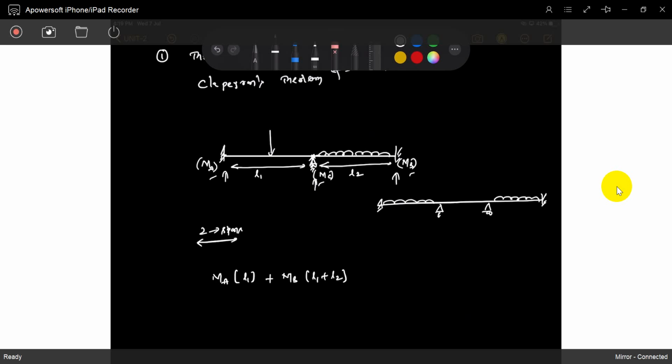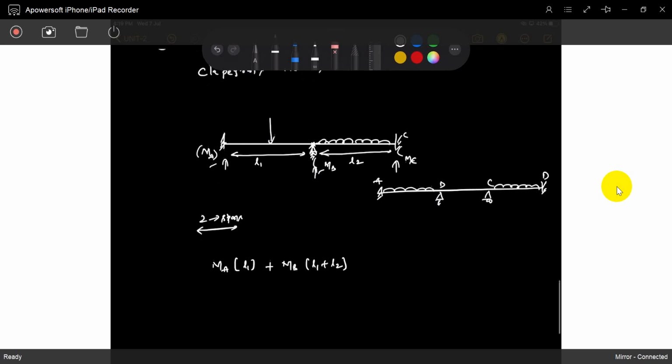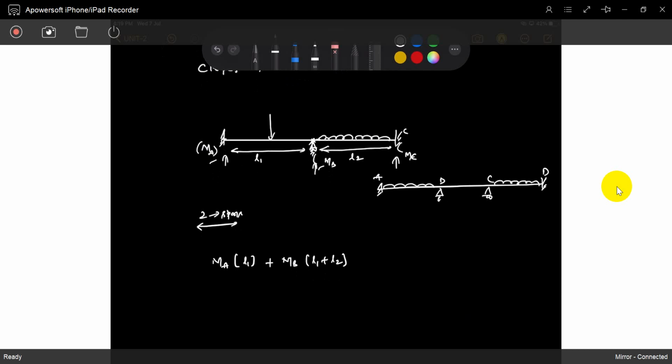I will write it. For continuous beam ABCD, this is MA, this is MB, and this is MC. So MA L1 plus 2 MB into L1 plus L2, because MB at the center balances both AB and BC, plus MC L2.